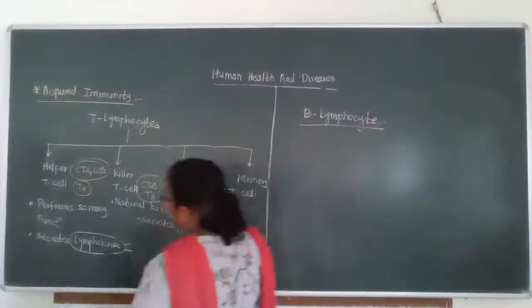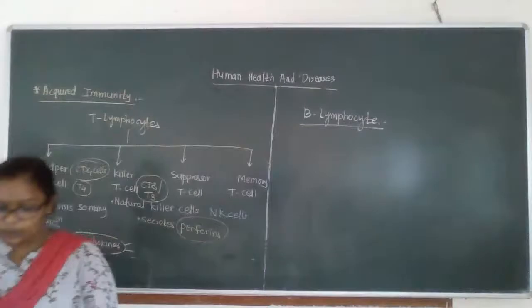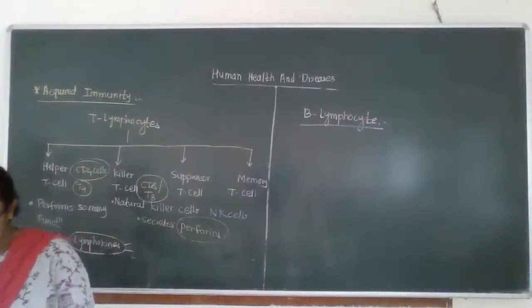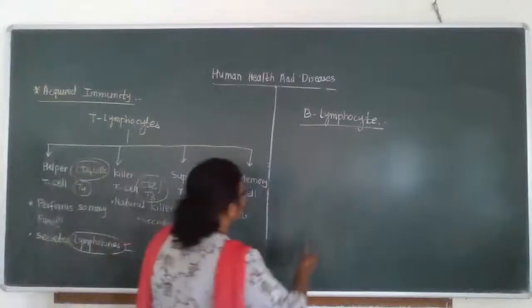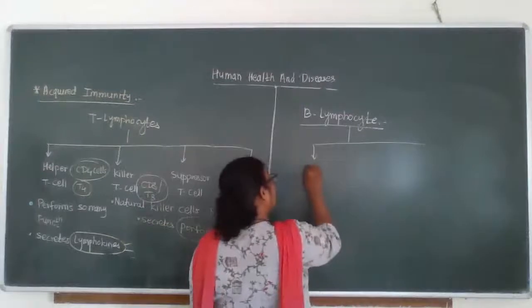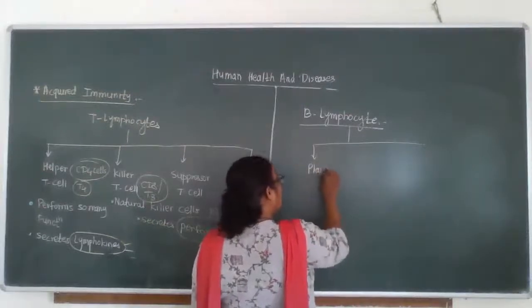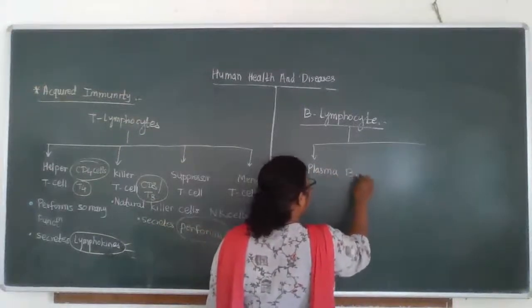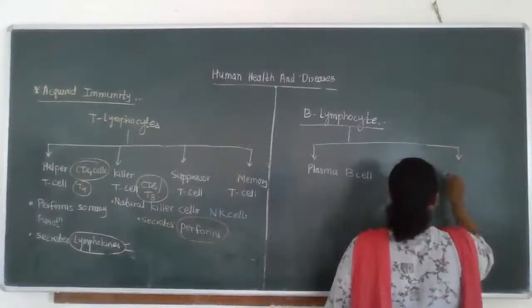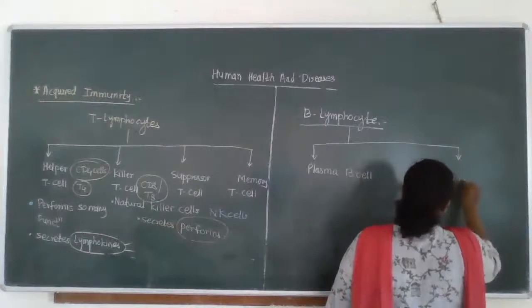Okay, the B lymphocytes are grouped into 2 only. The first one is the plasma B cell, and the other one is the memory B cell.